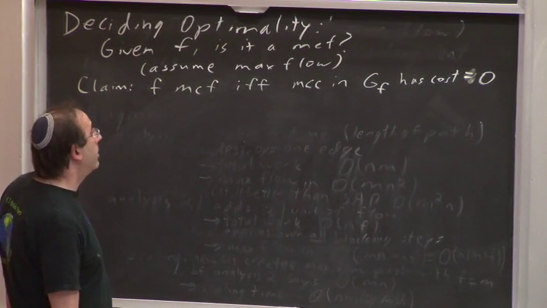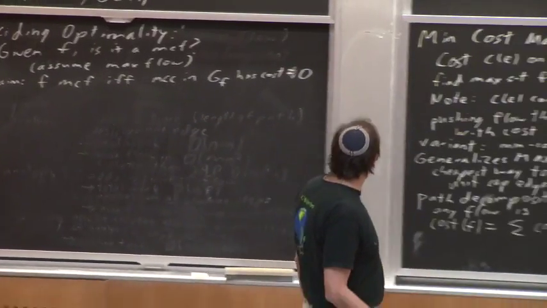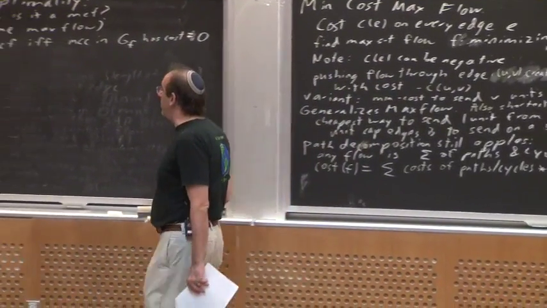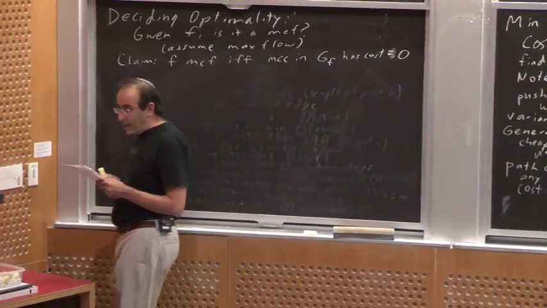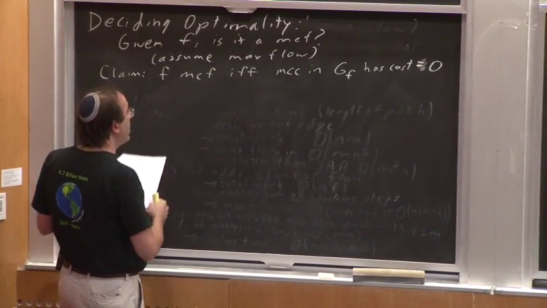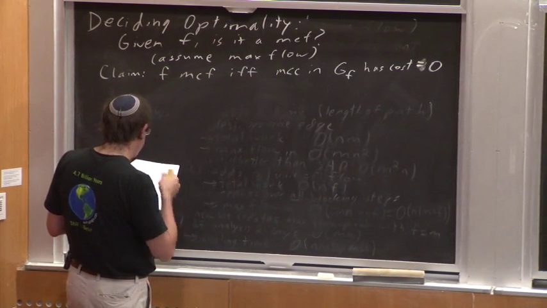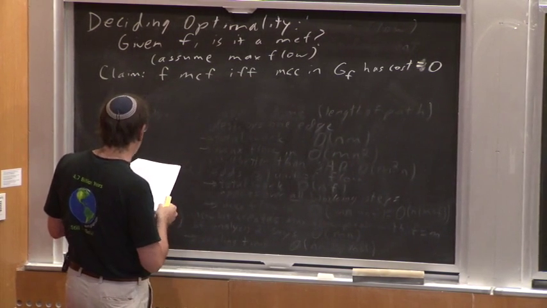Right? So we want to argue that if the min-cost circulation has cost 0, then F must be a min-cost flow. But actually, before we go there, let's try and simplify this a little further.